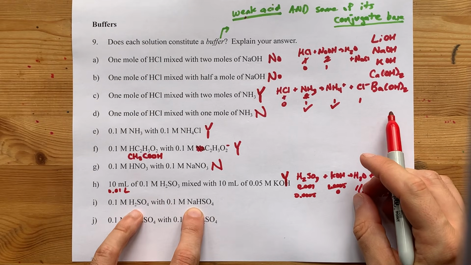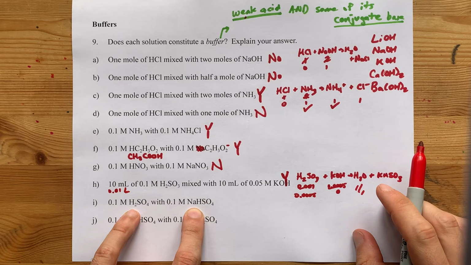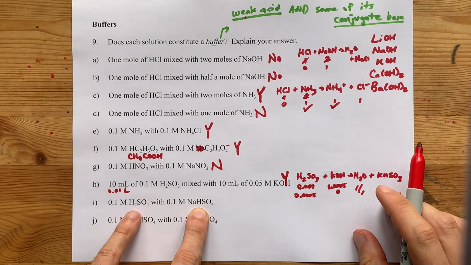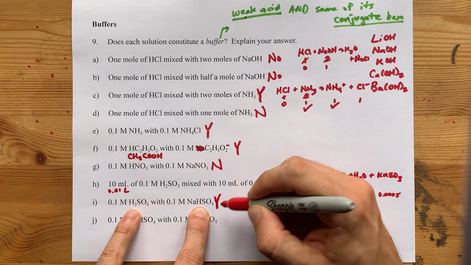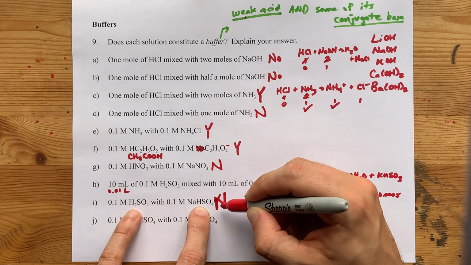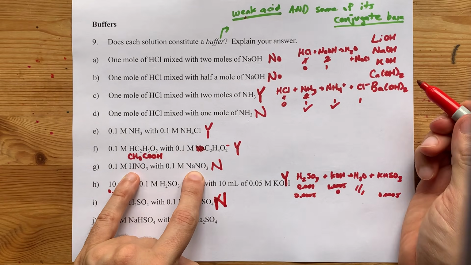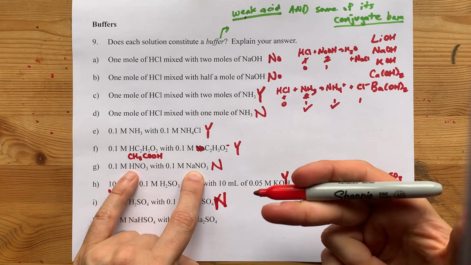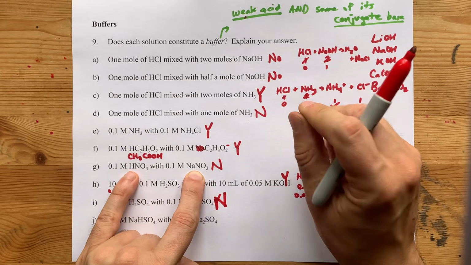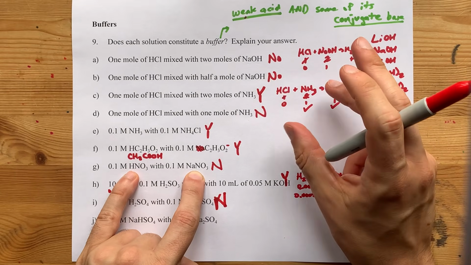Now, this is a trick question as well. H2SO4, along with its conjugate base, sounds like a buffer, but H2SO4 is a strong acid. Oh, that's supposed to be an N. For NO, it's not, for the same reason that this one isn't. But you may have remembered what I said at the very beginning. Only the first H of H2SO4 acts like that.